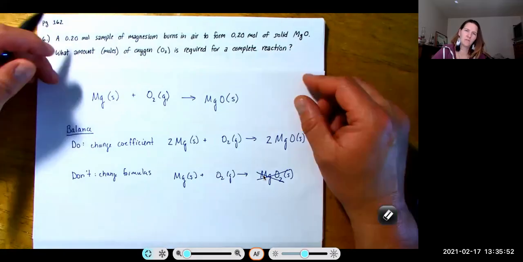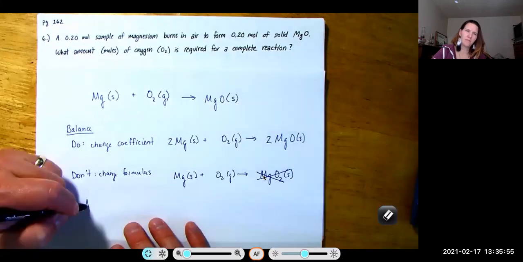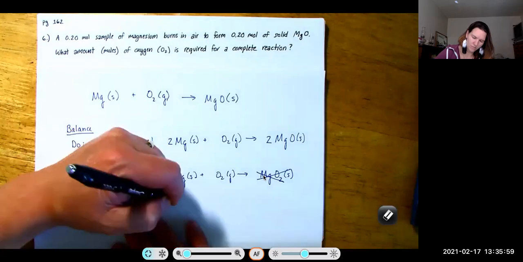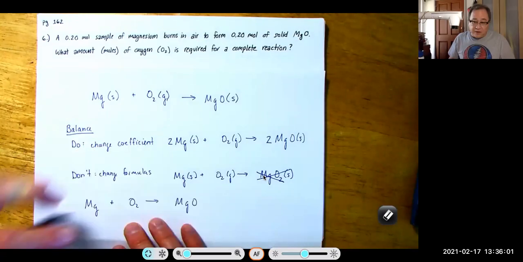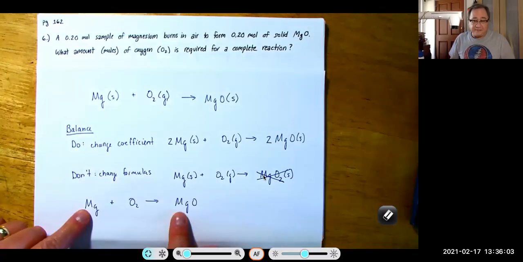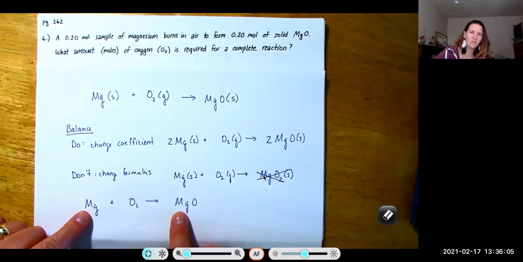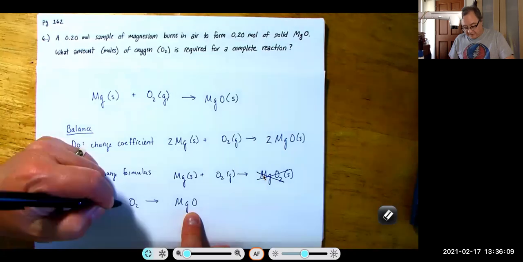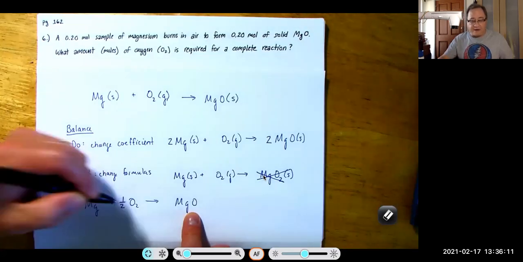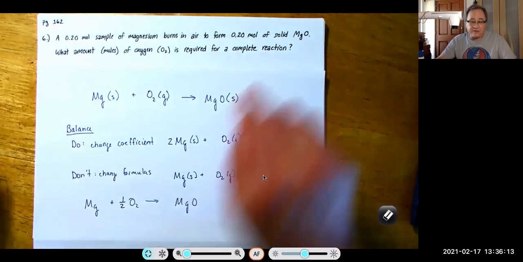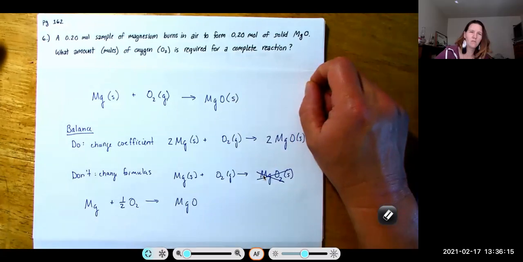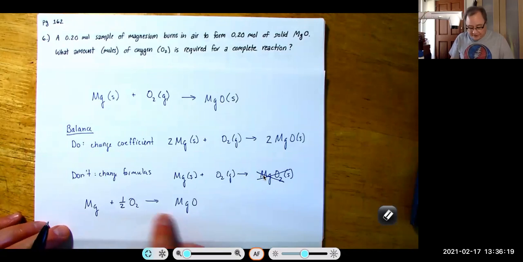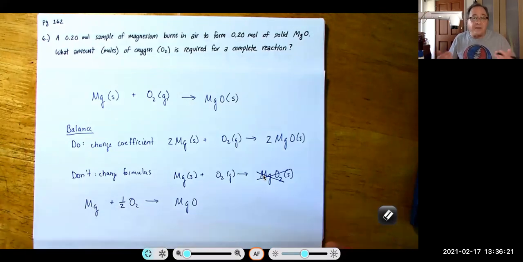Okay. Now, here's a little trick that some people like. One magnesium, right? Right. 2 oxygens, 1 oxygen. Right. If I put a 1/2 there, how many oxygens do I have now? 1. 1. But we don't like ratios like this. So what do we do? We double everything.